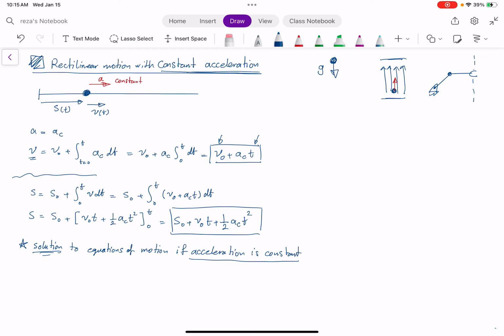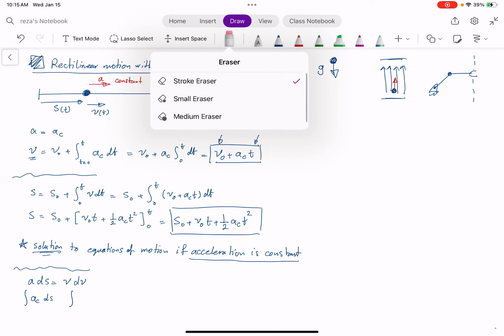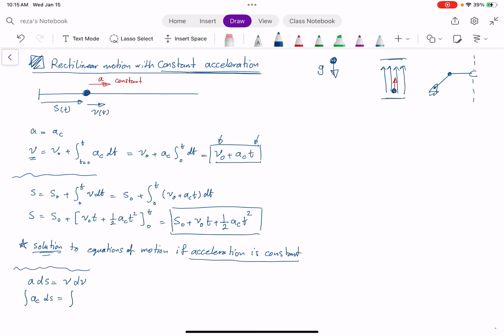Let's look at the final form of equation. Remember we had A ds equals V dv. I can take the integral because acceleration is constant. I have A_C ds on one side and the integral of V dv on the other. I'm taking these integrals between two states, because we don't have time here.